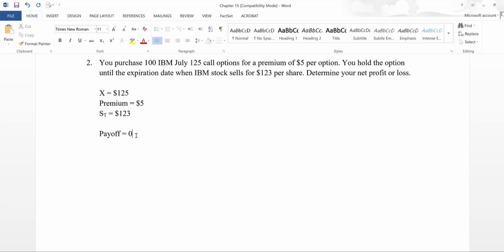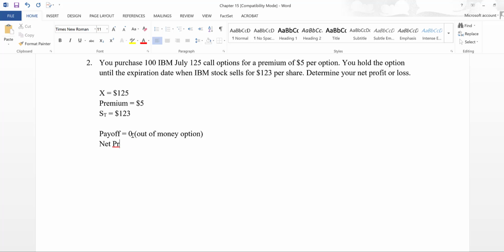Payoff in this case is 0. You don't exercise the option. This option is basically worthless. This is an out of the money option, so let me write that down. At expiration, this option is worthless. You don't exercise it, so it just expires. You don't make anything in payoff, and you lose the entire premium.